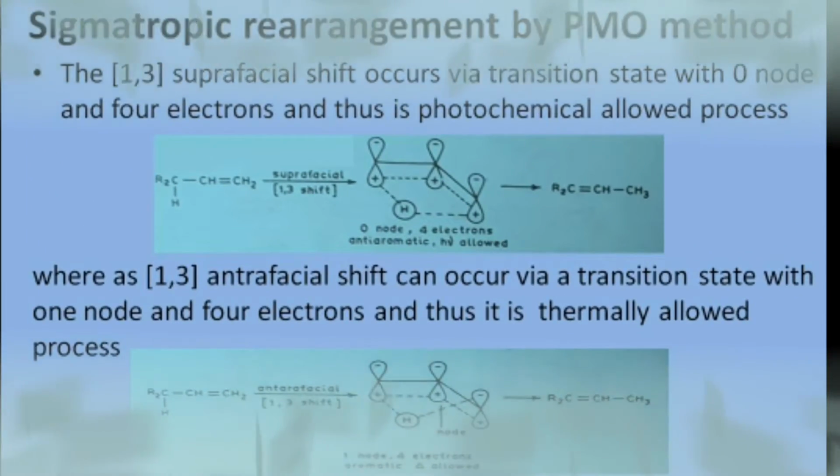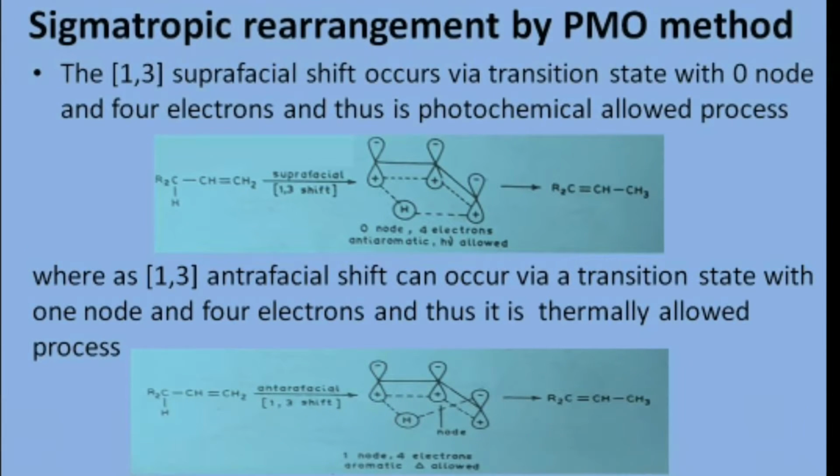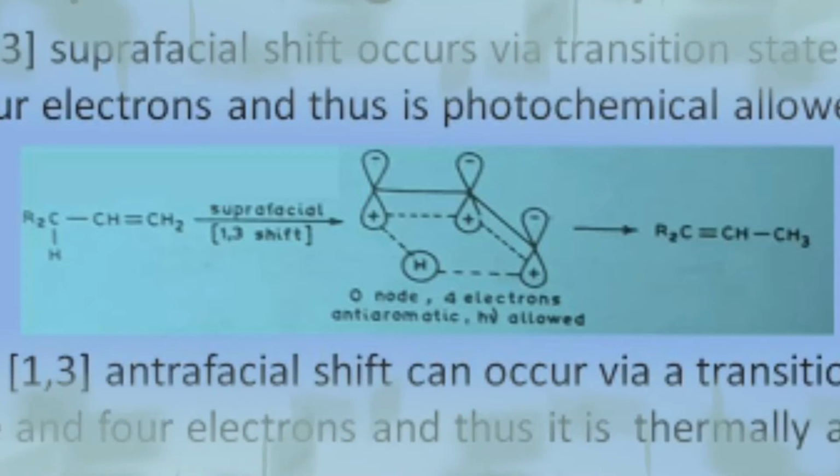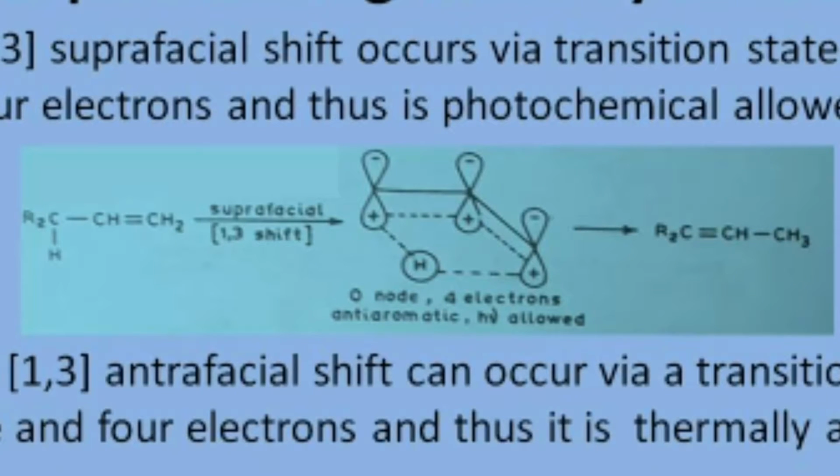Now let us discuss application of PMO method for sigmatropic rearrangement. First we take example of 1-3 shift. The 1-3 suprafacial shift occurs via transition state with 0 node and 4 electrons, and thus it is a photochemically allowed process.